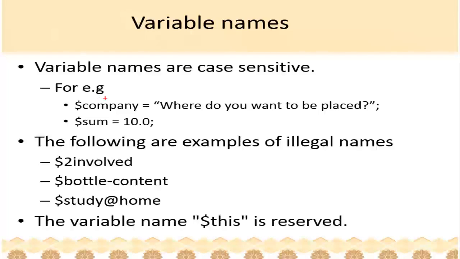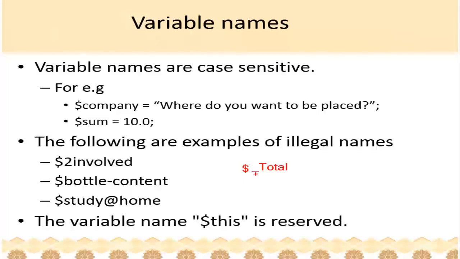Whenever you are using a variable, sometimes you may tend to use an underscore and then start this. Some people have this habit. You start with the underscore and it is not wrong. Remember, this is wrong because you need to have a dollar sign in front of it.